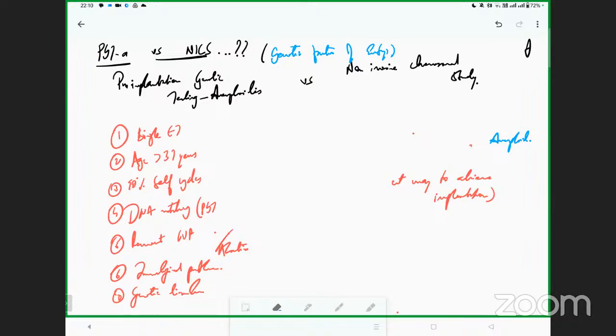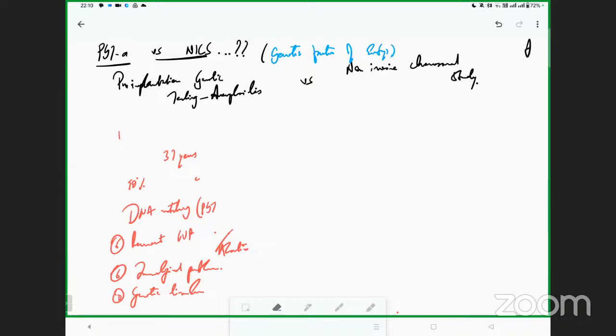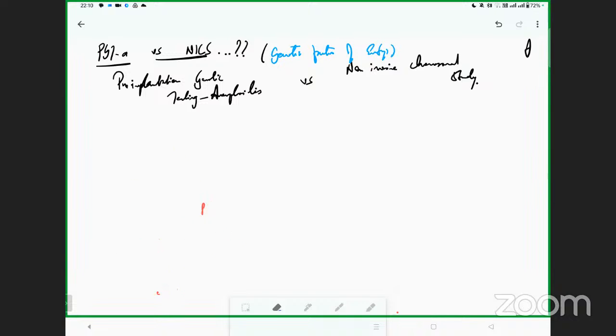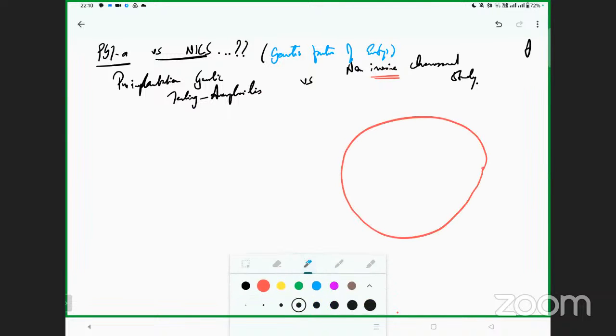When you opt for genetic testing, you need to understand the difference between PGT-A and NICS. The word itself is self-explanatory: non-invasive, so it doesn't invade. You have a culture droplet, and inside this droplet you are growing a blastocyst embryo.